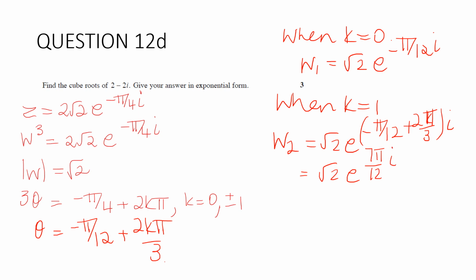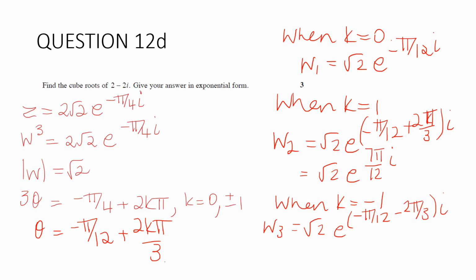And then when k is equal to negative 1, w3 is equal to root 2 e to the negative pi on 12 minus 2 pi on 3 i, which is equal to root 2 e to the, with 12 on the bottom, negative 1 take away 8, it's minus 9, minus 9 pi on 12 i, or root 2 e to the negative 3 pi on 4 i.